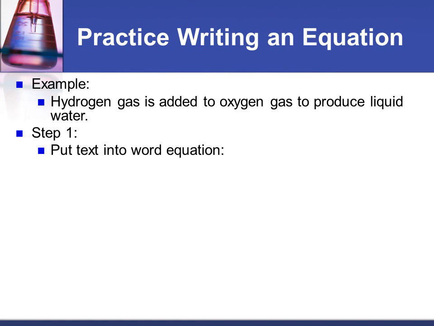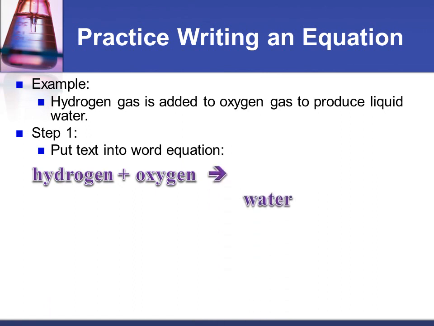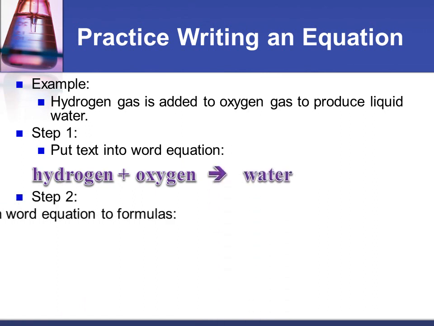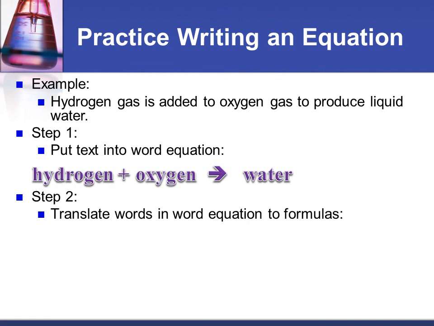Okay, this one's fairly simple. It says hydrogen gas is added to oxygen gas to produce liquid water. So we have hydrogen added to oxygen to produce water. Hydrogen is H2 because it's diatomic. Oxygen is O2 because it's diatomic.